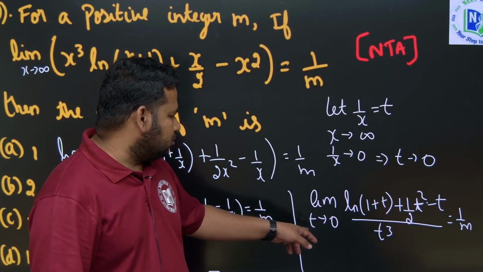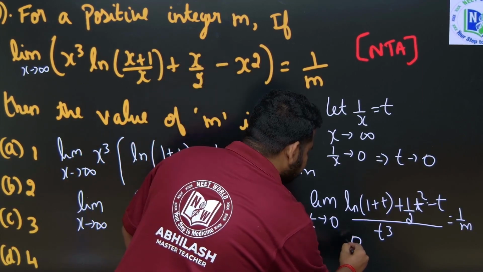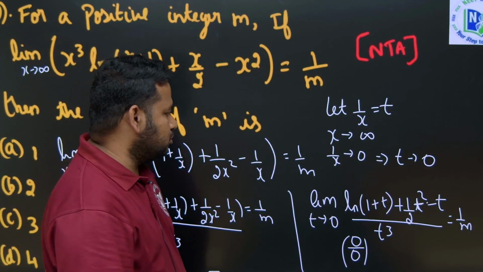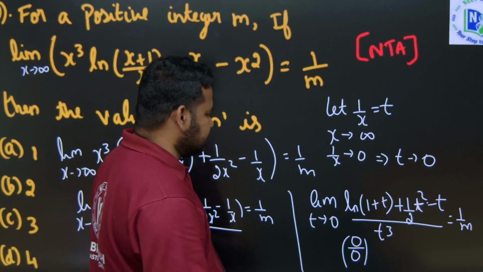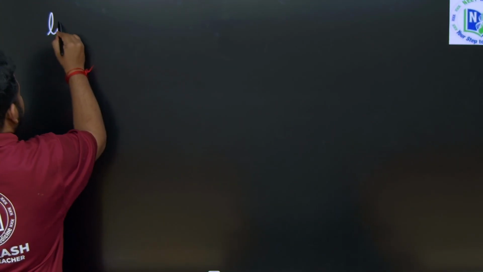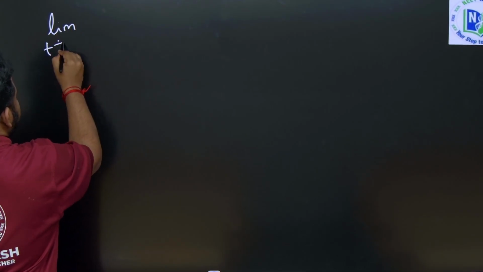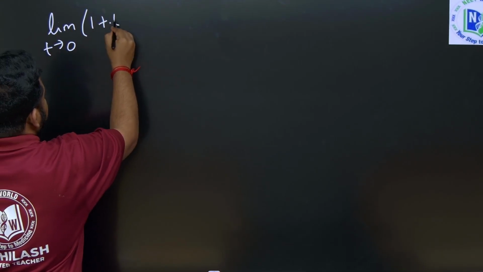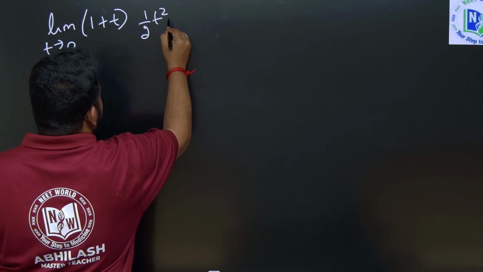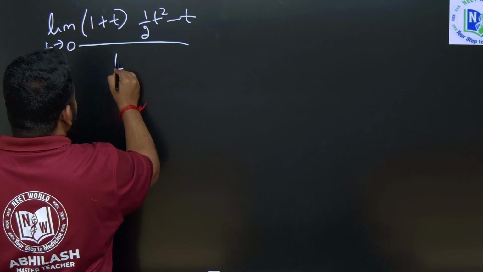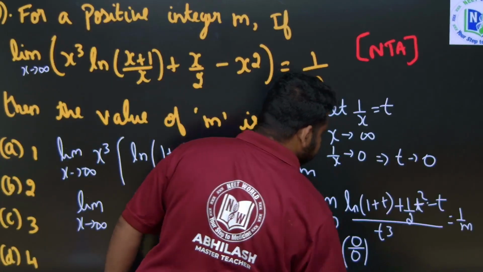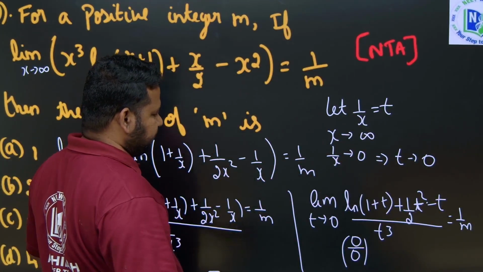Now if I apply 0, it will be of the 0 by 0 form. So what should I do? I should apply the LH rule as t tends to 0. Let me write it here: limit as t tends to 0 of log(1 plus t) plus 1 by 2 t square minus t, divided by t cube, is equal to 1 by m.